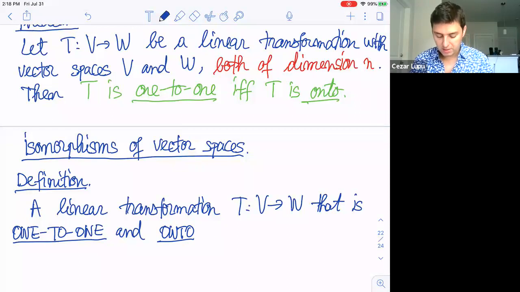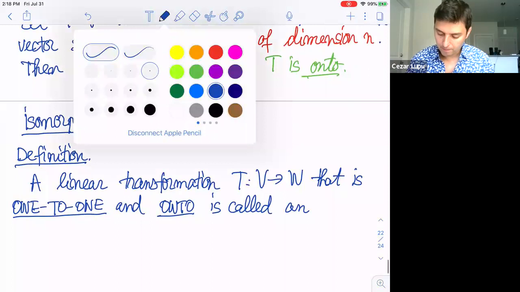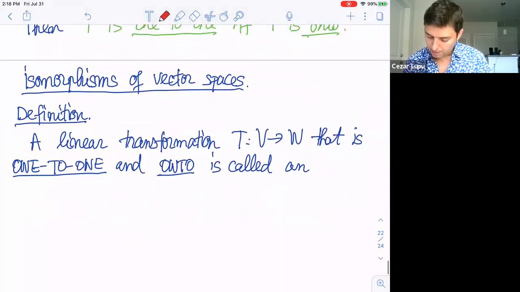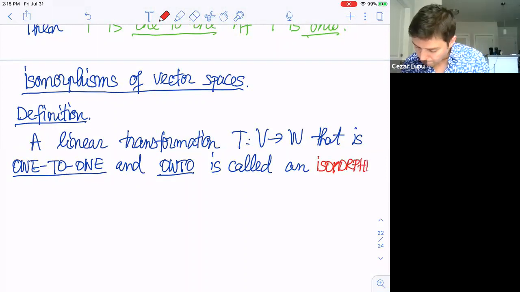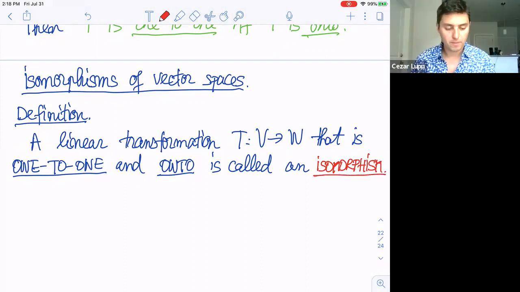A linear transformation that is 1-to-1 and onto is called an isomorphism. That's what we call an isomorphism.